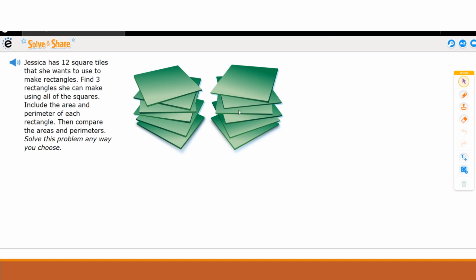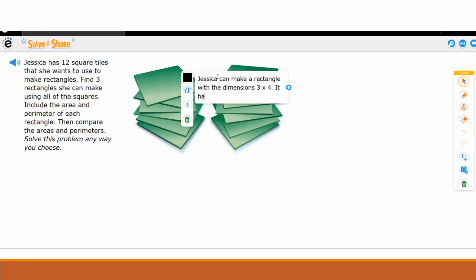So here, let's see. Text box. I think after I type in it, I can move it. So let's see. Jessica can make a rectangle with the dimensions, what was it? 3 by 4.